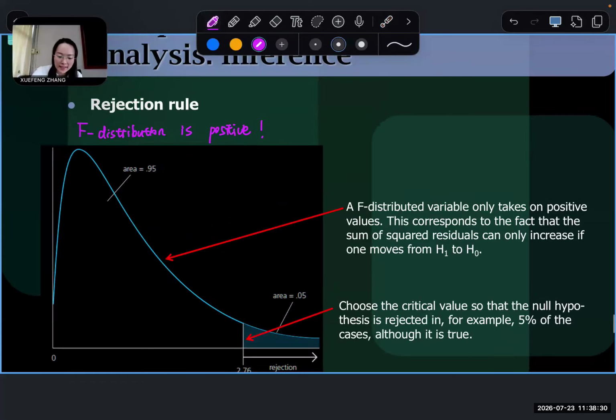So let me write down the decision rule. If you get a big F statistic, that means the restrictions hurt the fit a lot.